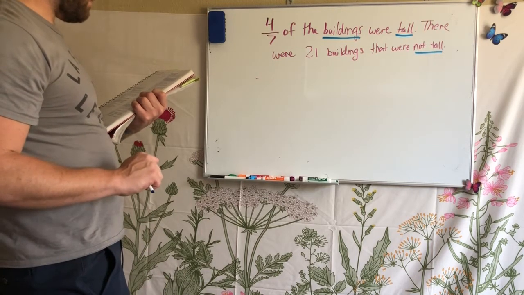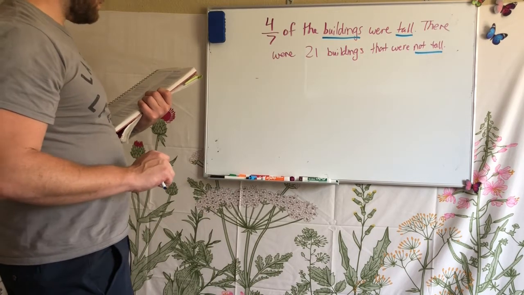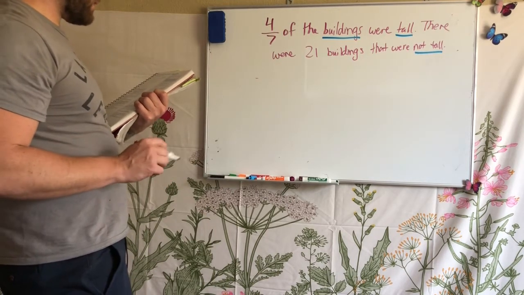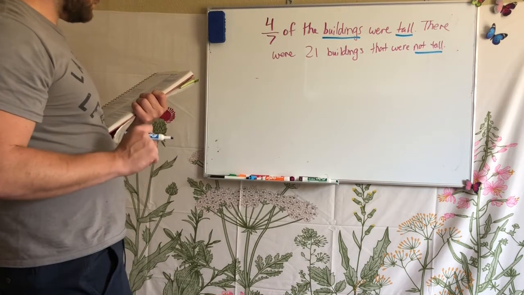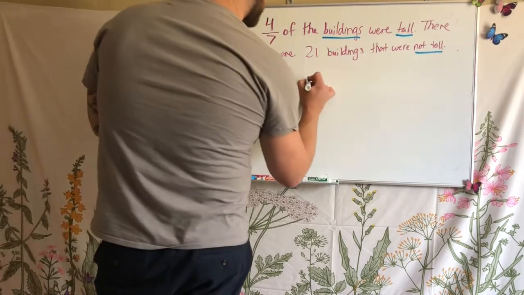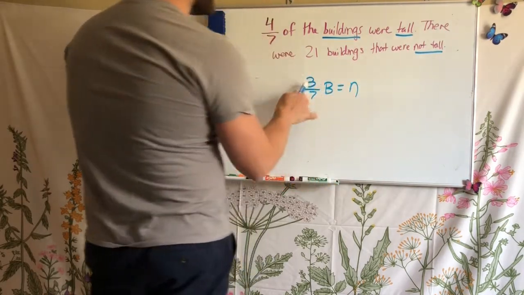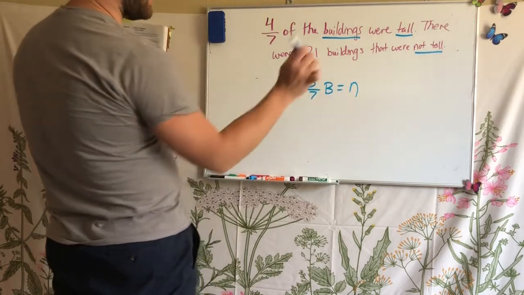Pause the video. All right. Tell me the equation. Get ready, go. 3/7 B equals N. 3/7 of the buildings were not tall.